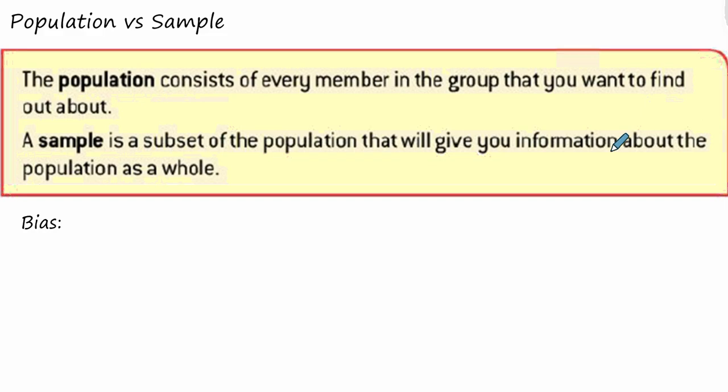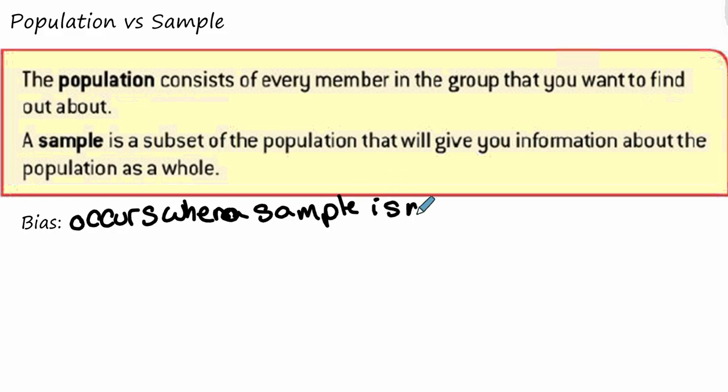So we wouldn't want to do that, or flip it. We don't want to do a block D because we don't have a lot of freshmen in there. So just trying to make sure that we're including as many people as we possibly can. So we can get a bias, which occurs when a sample is not representative of the population.